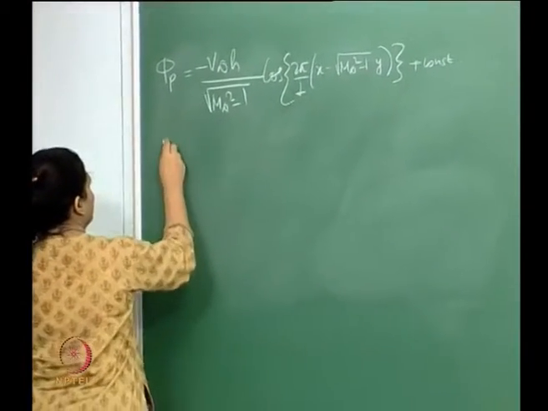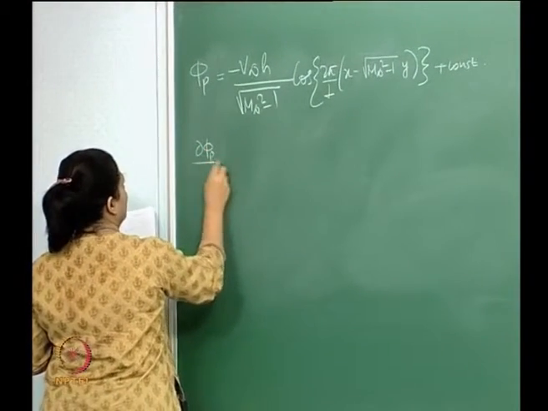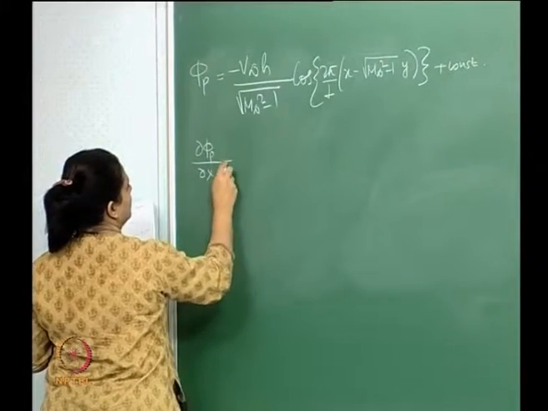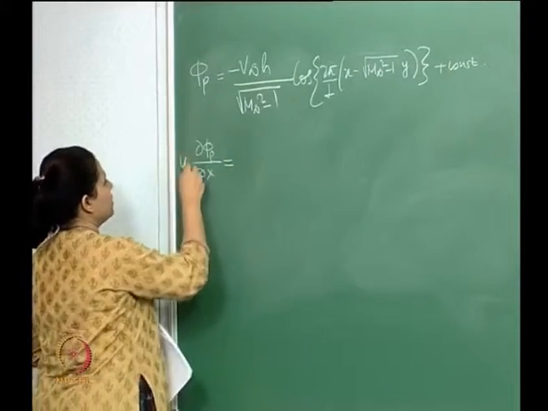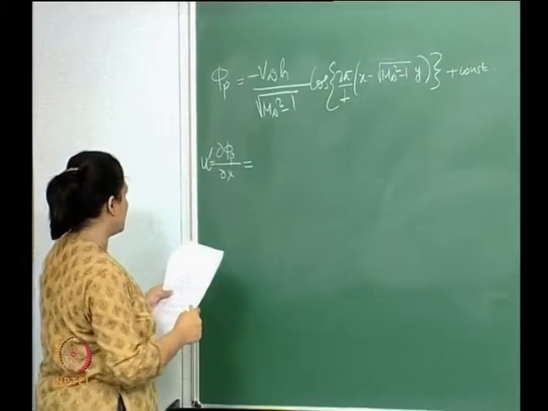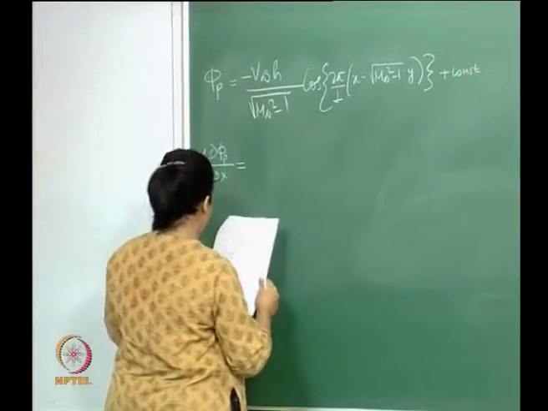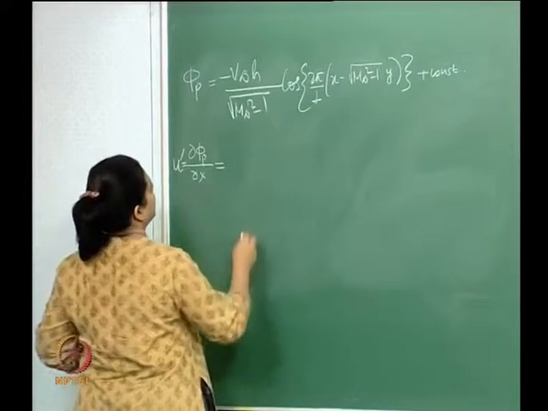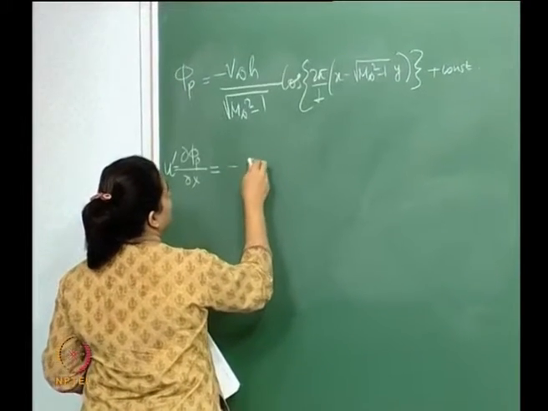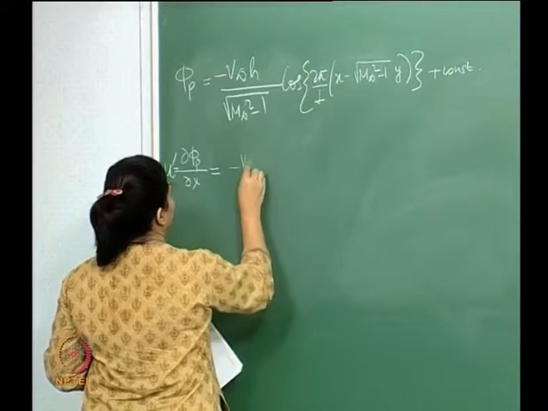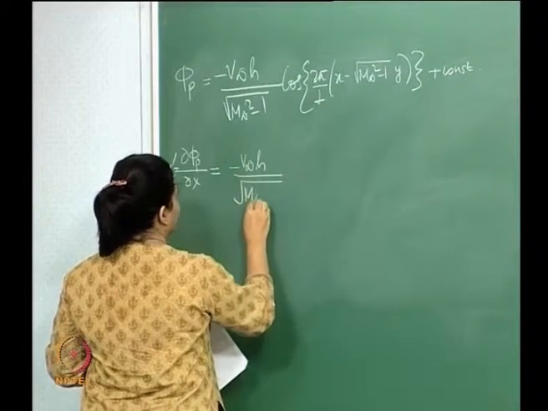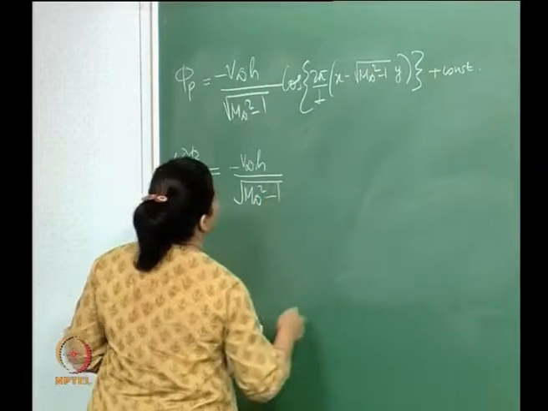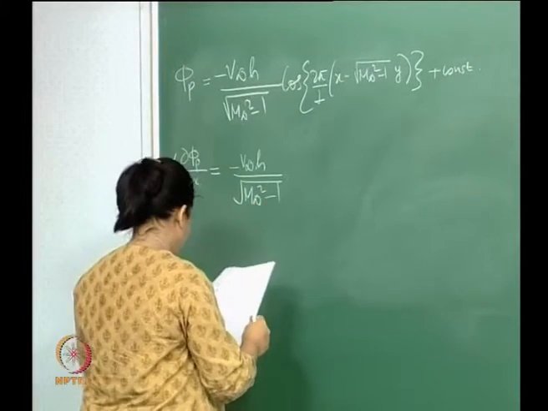Okay, so let us do this. So this is essentially u dash, isn't it? This is essentially our u dash. So del phi p del x is u dash. What do we get here?